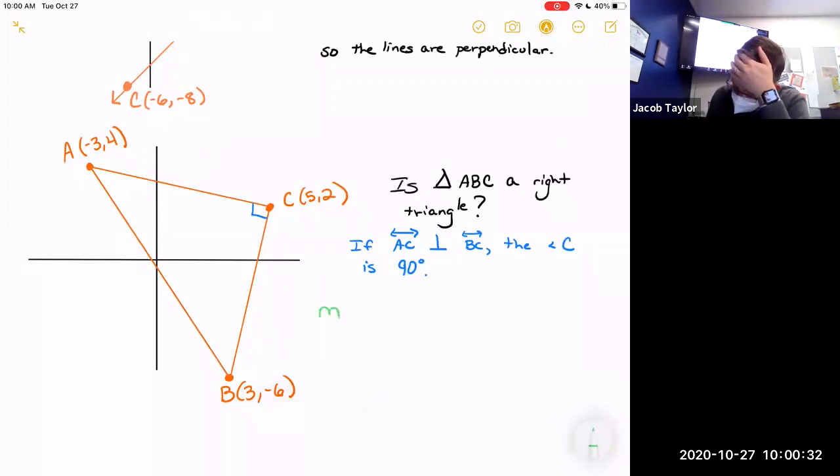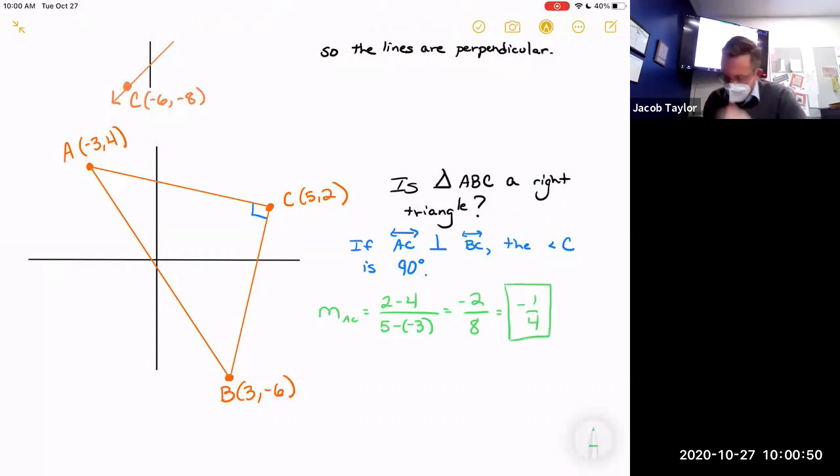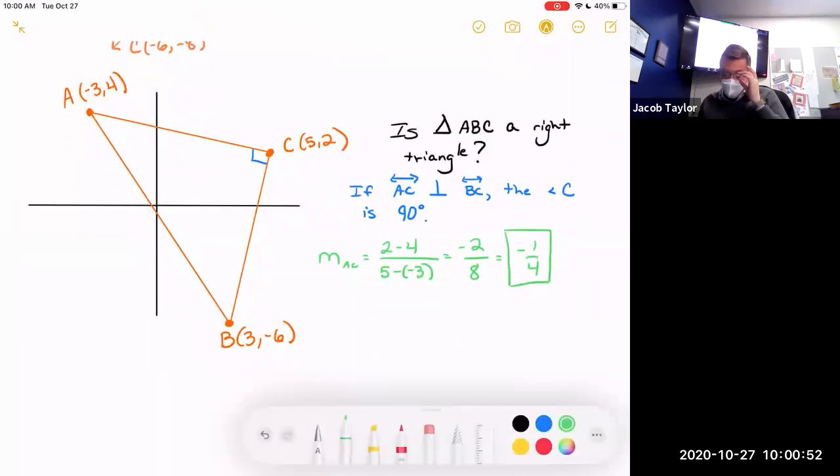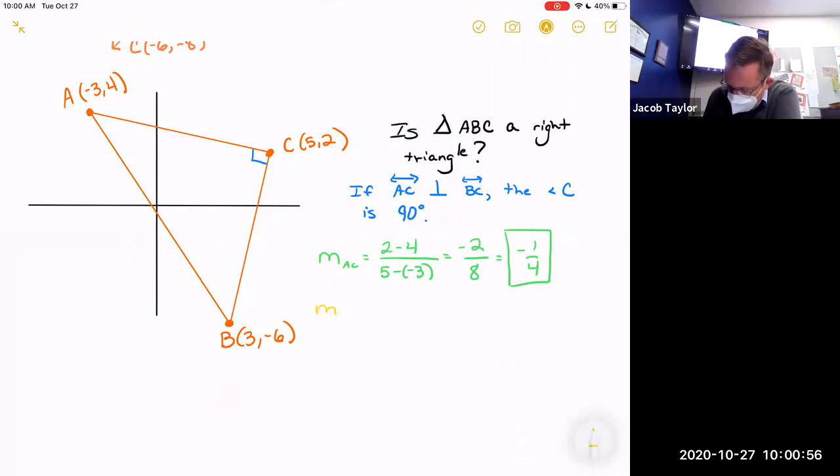So the slope of AC is going to be y2 minus y1 over x2 minus x1. It reduces to -1/4. Correctamundo, as the kids say. Then let's find the slope of BC.